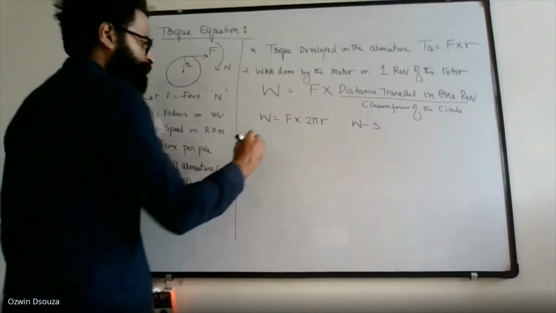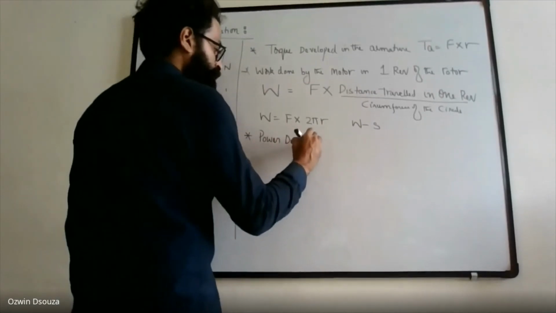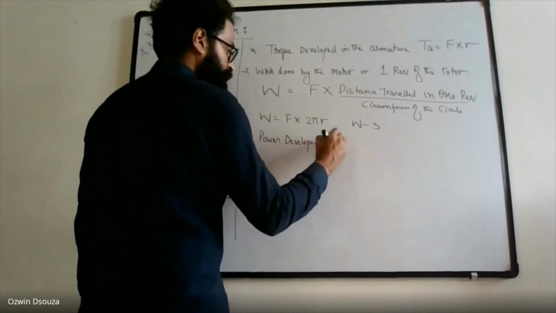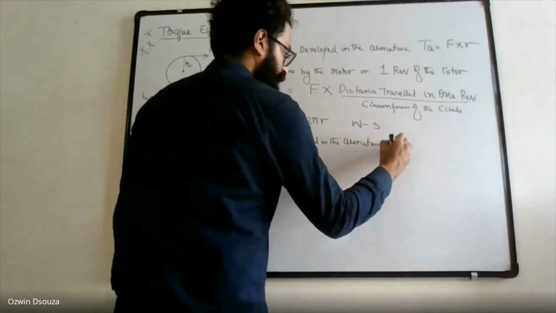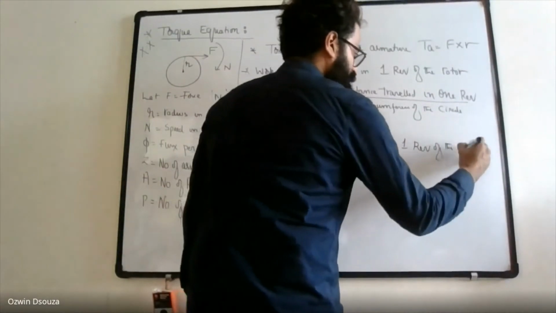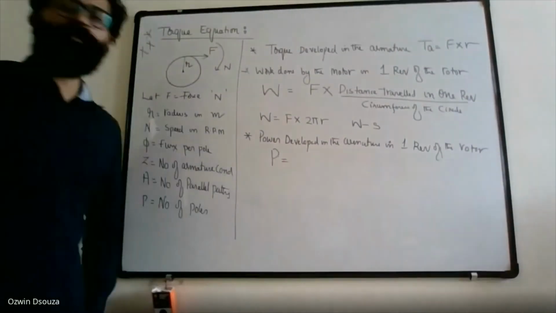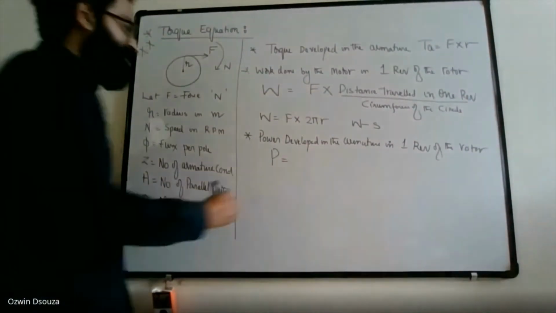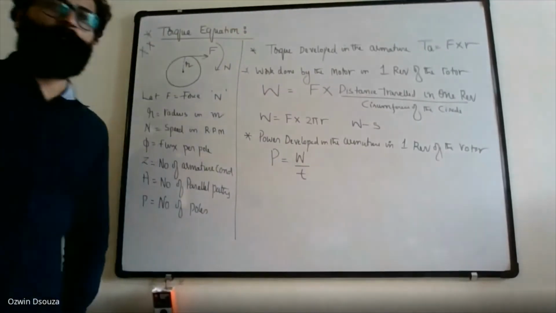Then you can write the power developed in the armature in one revolution of the rotor. What is the power developed in the armature? Power is nothing but work done divided by time, right?